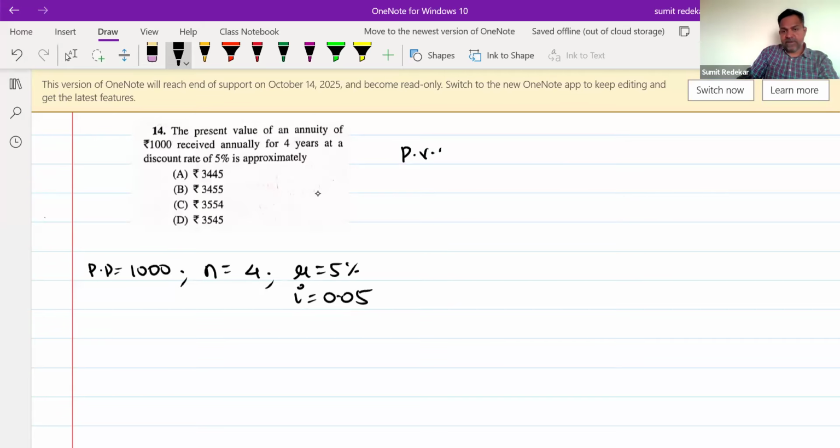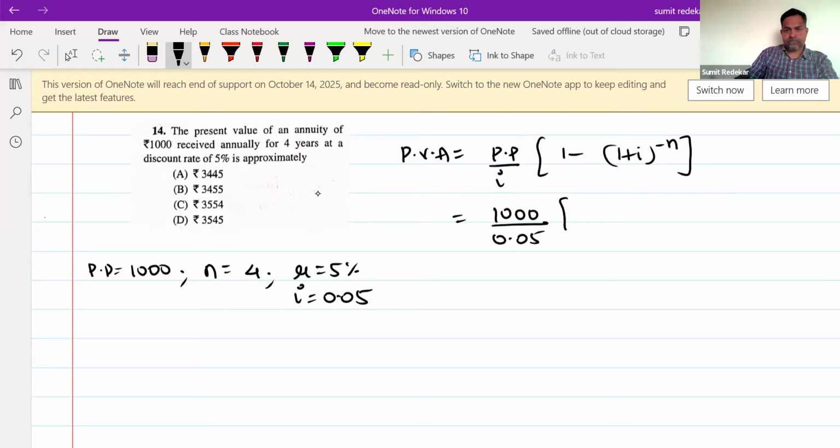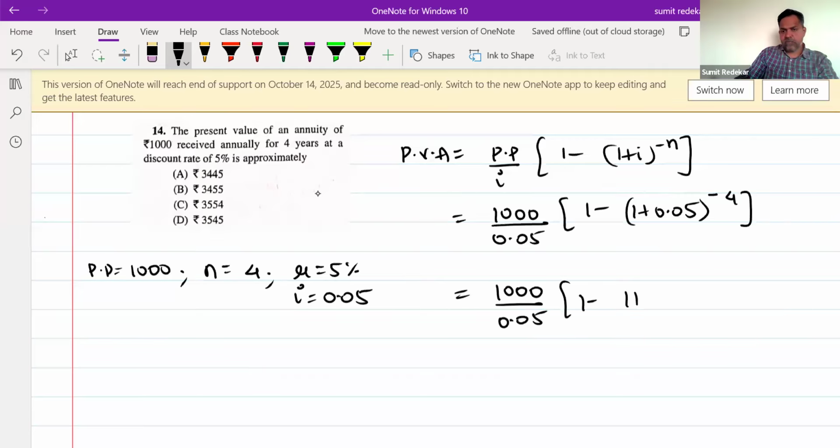The present value of an annuity is periodic payment divided by i, into 1 minus 1 plus i raised to minus n. So this will become 1000 divided by interest 0.05, into 1 minus 1.05 raised to minus 4.